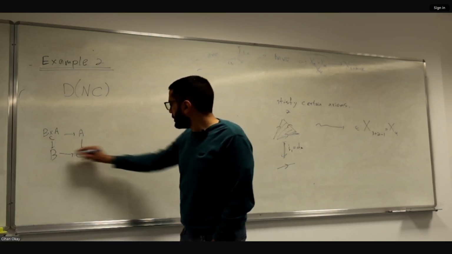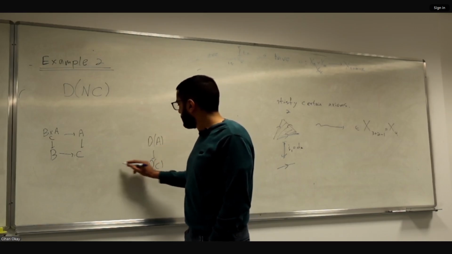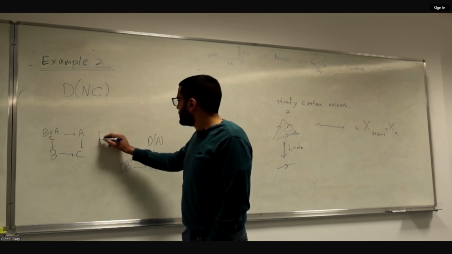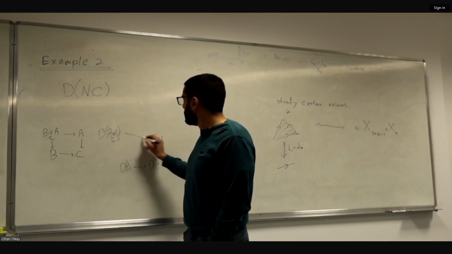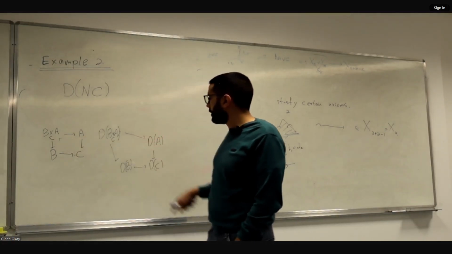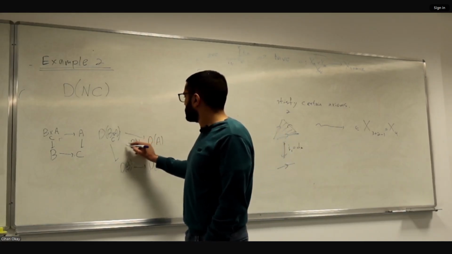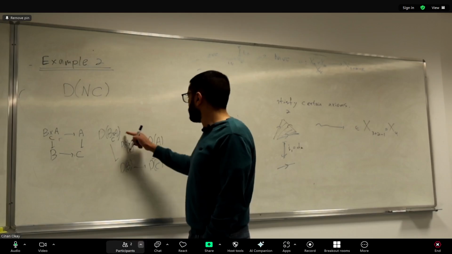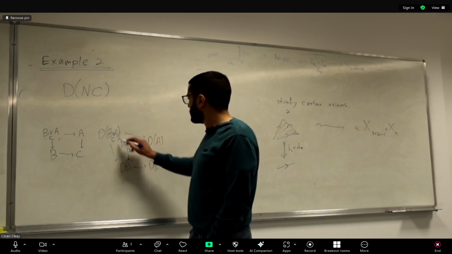If we apply D on this, D is a functor, so we will get a square. This is not a pullback square, but this is the pullback, dA cross dB over dC. And of course, because of this morphism, it gives me a unique morphism here, right?